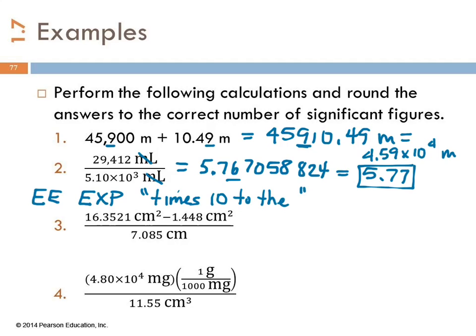I love the sound of all the calculator buttons going. 2.103613267. Units. Centimeters. Here we've got centimeters squared minus centimeters squared. So the numerator is centimeters squared. We're dividing by centimeters, so that cancels out one of them.